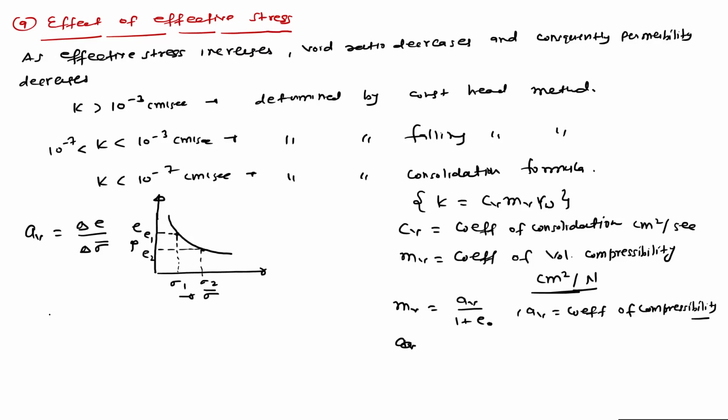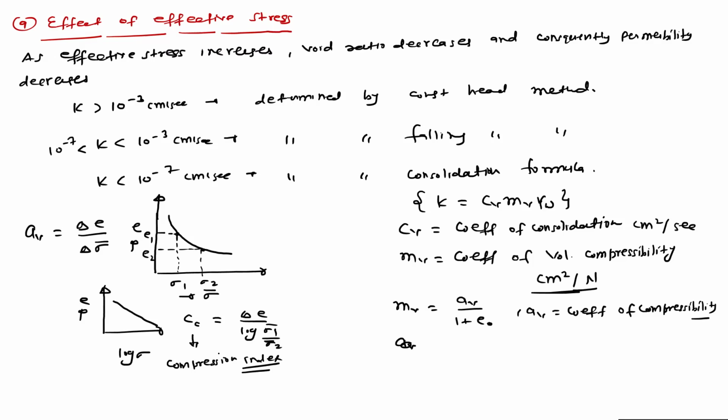And if you take it on a log scale, that is e versus log sigma, the graph will be a straight line, and the slope of this graph is represented by Cc, which is equal to delta e divided by log of sigma 2 by sigma 1. This is effective stress, and this is called the compression index.